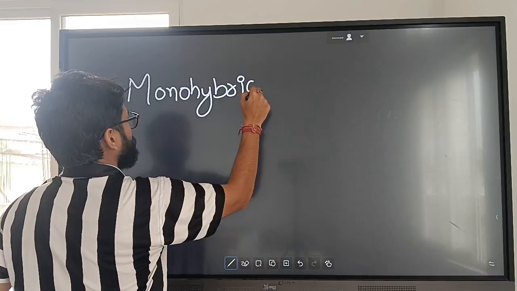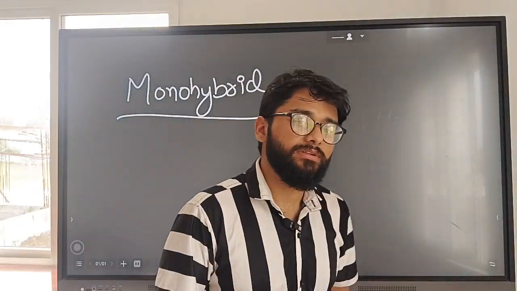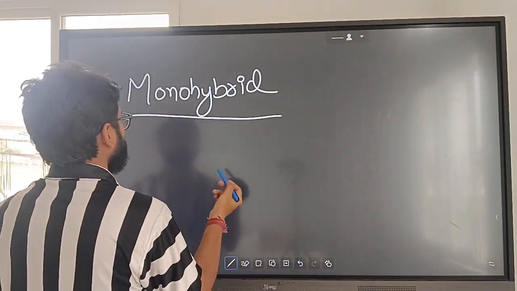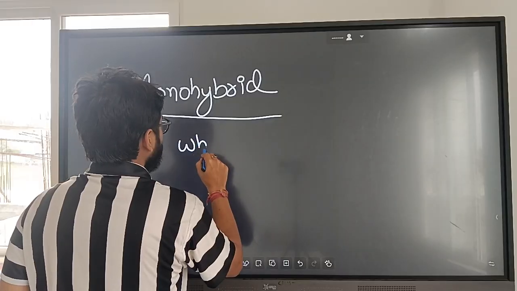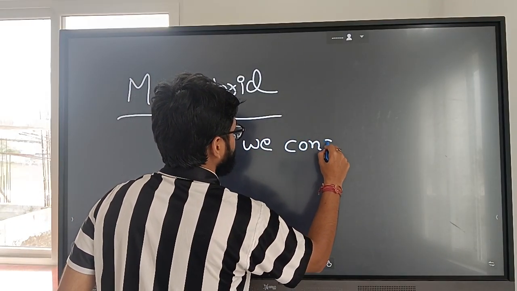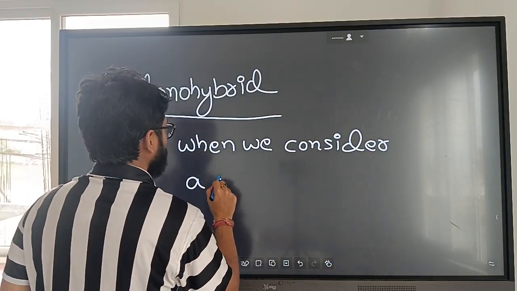What is a monohybrid? As we discussed in the previous class, a monohybrid is when we consider a single trait.